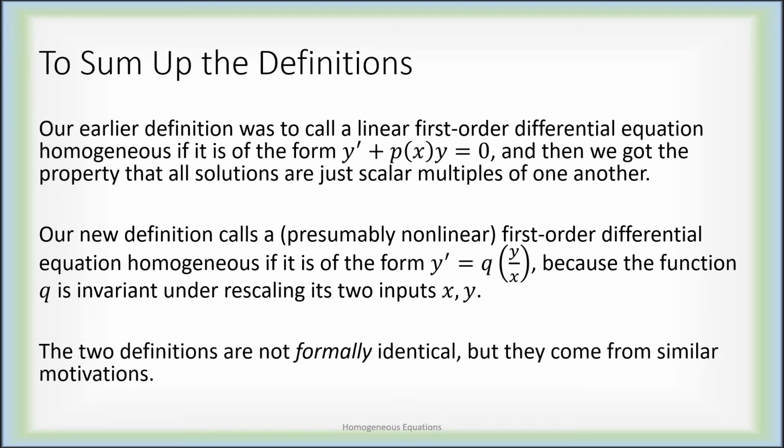The two definitions are not identical. They have similar motivations. The word homogeneous meaning doesn't really change when you rescale things, but they are, to be totally upfront, just two different definitions being used in the same course, which is unfortunate.